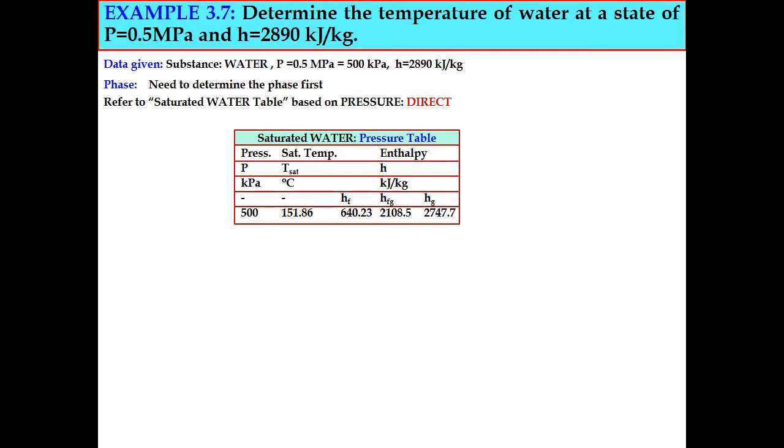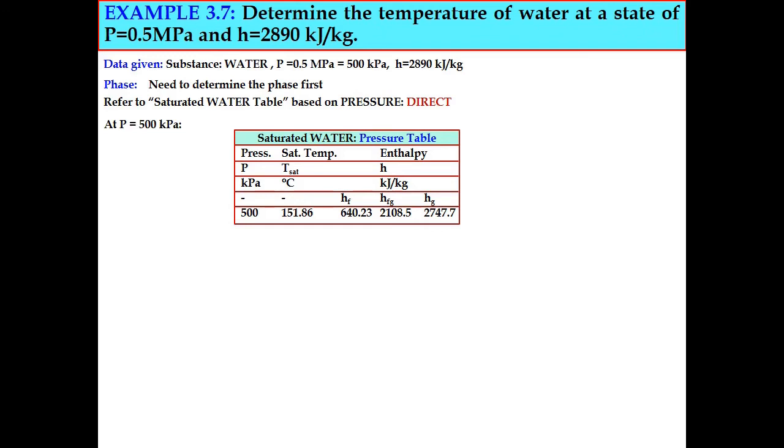So from the table, 500 kilopascal. The value that we need to obtain is the value of H, because in the question the data suitable to compare is the value of enthalpy. So from the table we need to take the value of H in terms of Hf and also Hg.